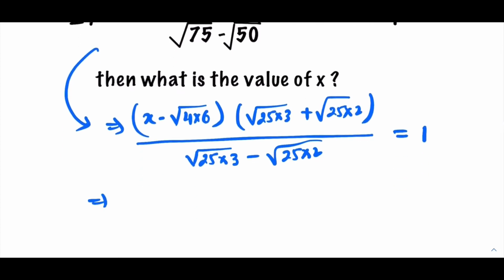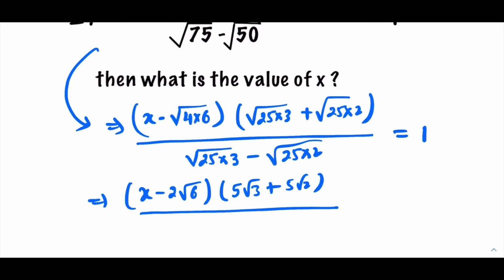This implies x minus root 4 means 2, so x minus 2 root 6 into root 25 means 5, 5 root 3 plus 5 root 2 upon 5 root 3 minus 5 root 2 equals 1.